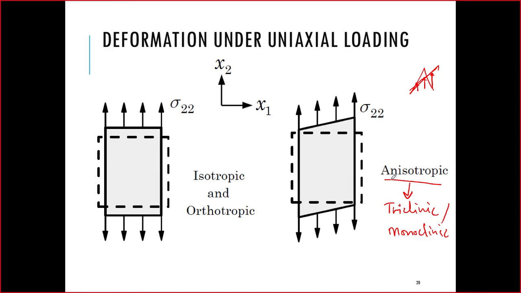That is, there is actually coupling between normal and shear loading by virtue of what their stiffness matrix is. Okay, now does that make sense?